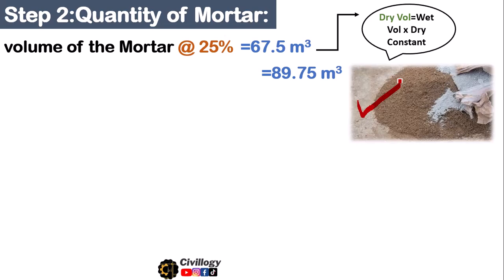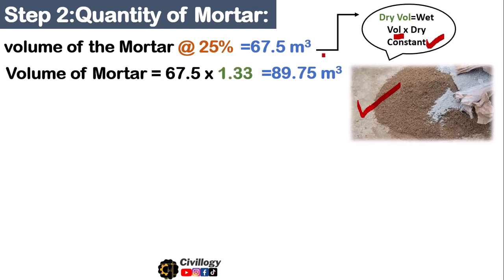So we convert this into dry volume, which is equal to wet volume times the dry constant, and for mortar the dry constant is 1.33. If you multiply this value by 1.33, you will get the dry mortar volume, which is 89.75 cubic meters.